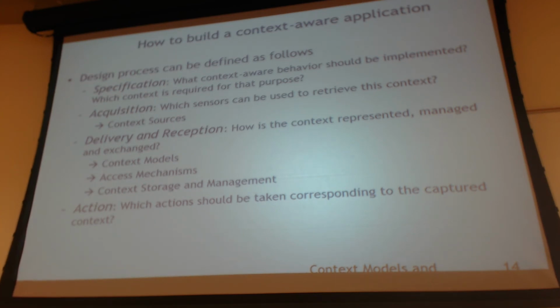So that is one way of structuring your report. You can have a section on specification and write that these tasks are specification and this is how I did it. Then acquisition, these are the acquisition tasks, this is how we did it. Delivery, reception, action, and so on. So that is one way of structuring your final report.